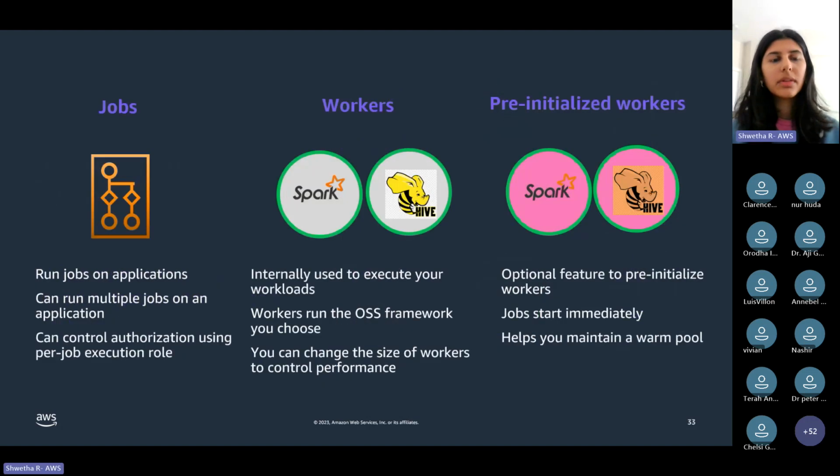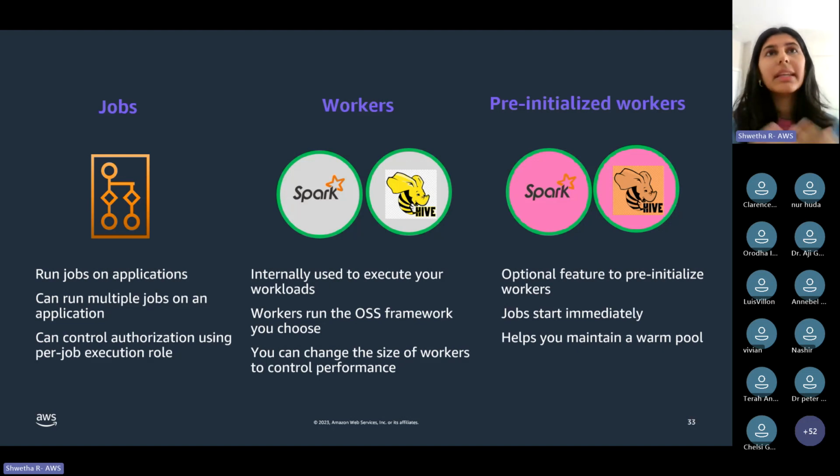So let's take a look at what all you can do in the features of EMR Serverless. You can run jobs on applications, and a job is a request submitted to an EMR Serverless application that is asynchronously run and tracked through completion, right? You can run multiple jobs concurrently within your application.